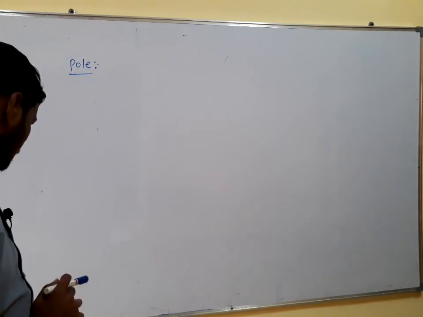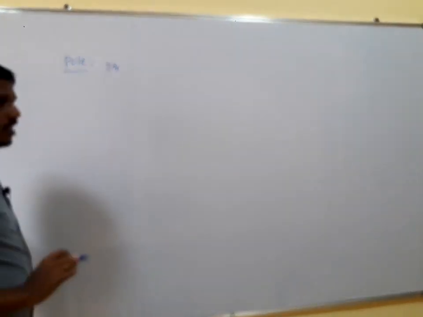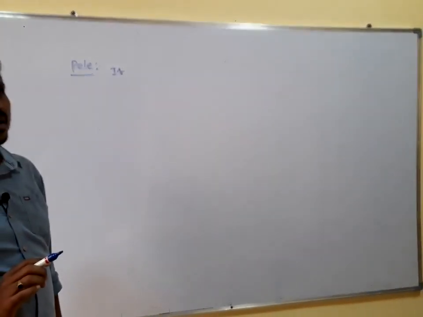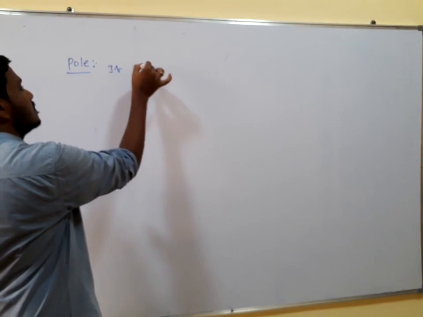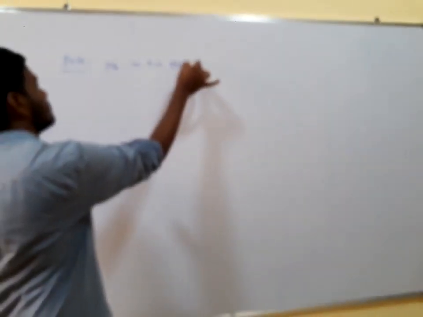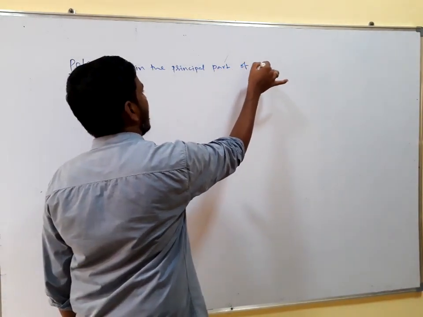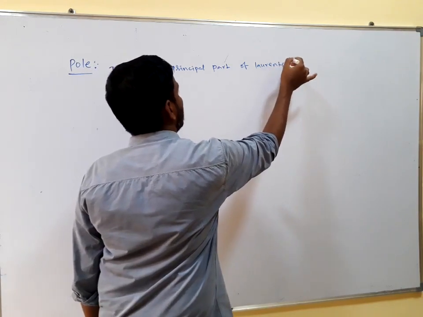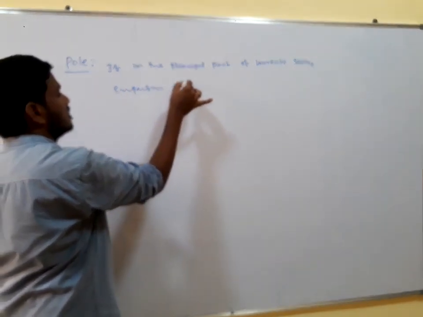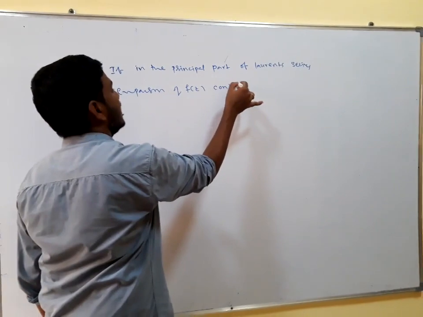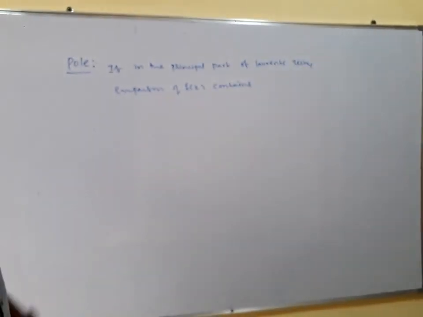Right, next, pole. If the principal part of the Laurent series expansion of f of z contains a finite number of terms, we say that here it is a pole.